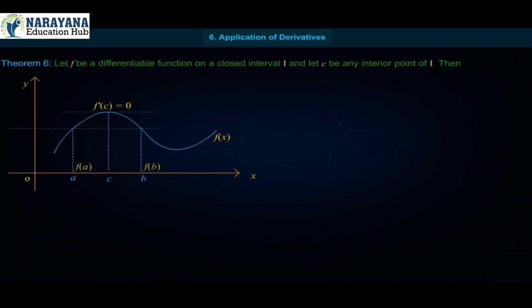Let f be a differentiable function on a closed interval I and let c be any interior point of I. Then, number 1, f dash of c is equal to 0 if f attains its absolute maximum value at c.